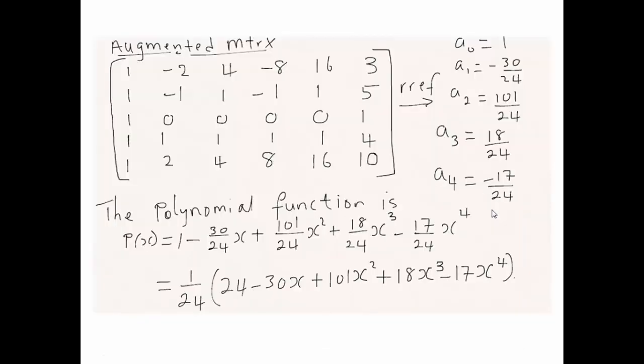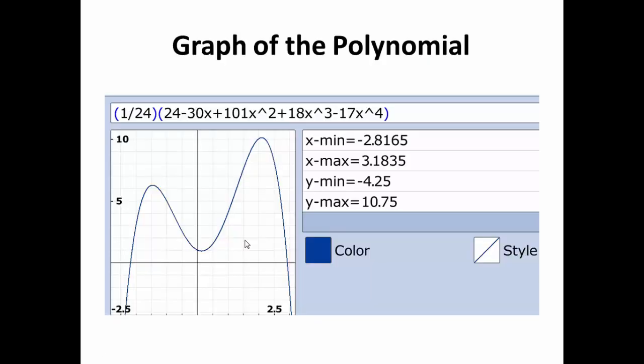So quickly get the augmented matrix. Use your row reduced capabilities of Math Studio, and we have a0, a1, a2, a3, a4, and the required polynomial is given. And we can even go further back into Math Studio, plug in our polynomial exactly as it is, and hit plot.